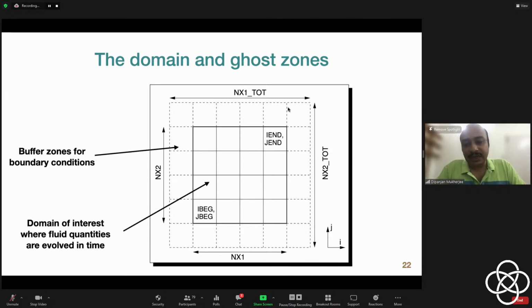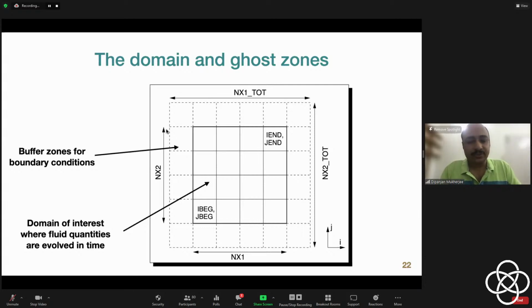But this dashed line is an extra padding of cells that we add because sometimes, for example, we need to perform some derivatives. And to perform the derivatives, let's say we want to use second order accurate schemes. For these, we need information at the boundary, inside the boundary. So these are the boundary cells, and how many paddings you need depends on the type of the scheme.